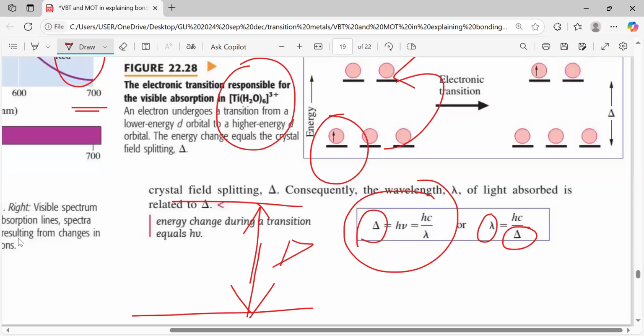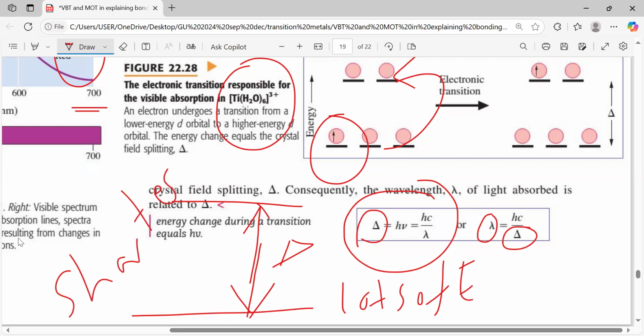For you to jump, you need lots of energy. And who will provide you lots of energy? Shorter wavelength will give you lots more energy than longer wavelength. So what does that mean? If this is long, the wavelength should be short. That's why we're talking about the inverse relationship like that.